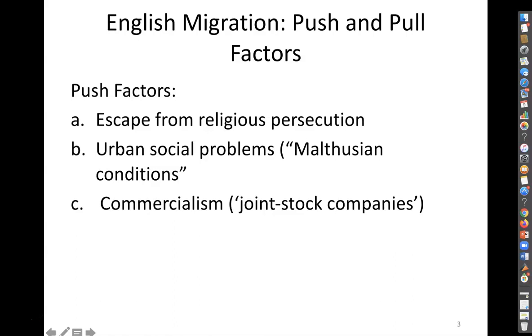And let me remind you again what's happening there. You have these various investors putting their money together to subsidize the exploration, settlement, colonization, and ultimately the gaining of profit in the new world. So it's a business venture.